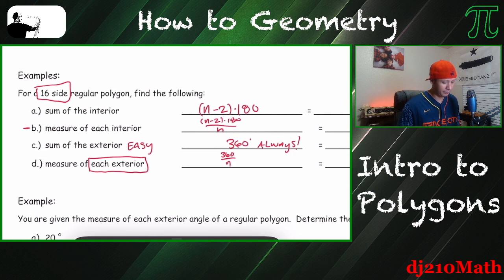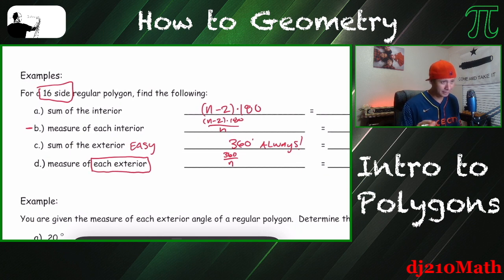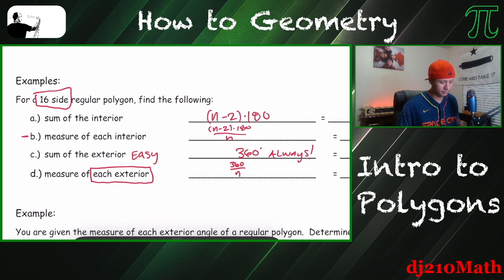So now, given any number of sides, I just run this number through my formulas and I can figure this out. So if n is equal to 16 and I want to know in a 16-sided regular polygon, these four ideas, sum of the interior. So if I add up all of them, I can do 16 minus 2 times 180.